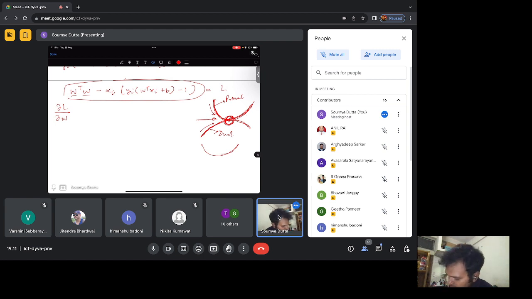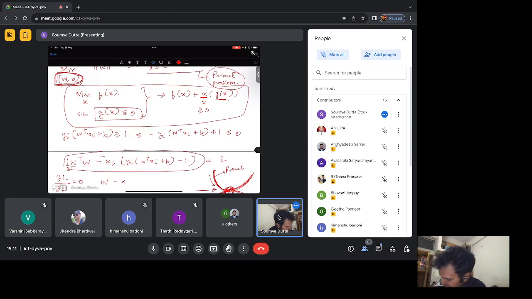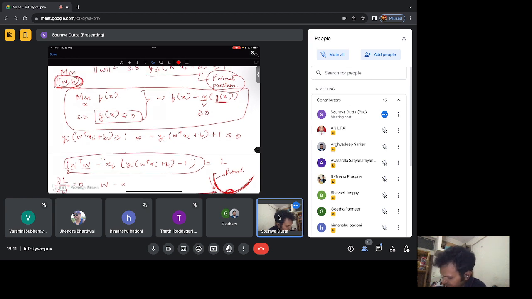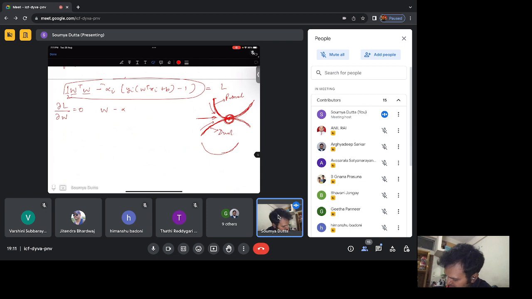So you set dou L by dou W equal to 0, you will get something, and what will you get? Let me also put half here, doesn't matter. So if you get half here, then this becomes W minus the sum, element wise, alpha i yi xi, equal to 0.